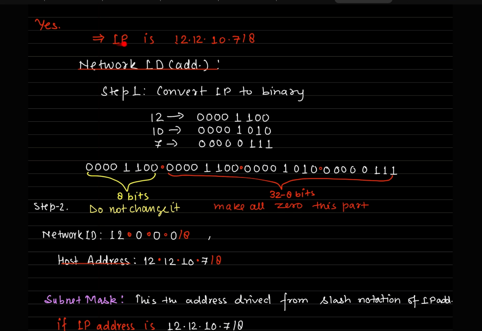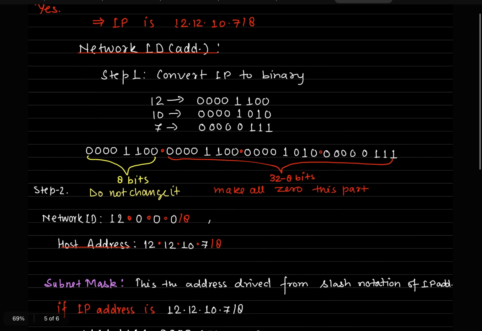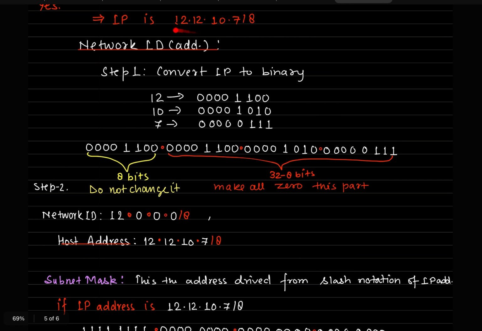Suppose the IP address given is 12.12.10.7/8. If we want to find the network address of this IP with the given classless notation, first we convert this IP address into binary. Suppose 12 is converted to these numbers, you can verify yourself. 10 is converted to these numbers in binary, 7 is converted to this one.